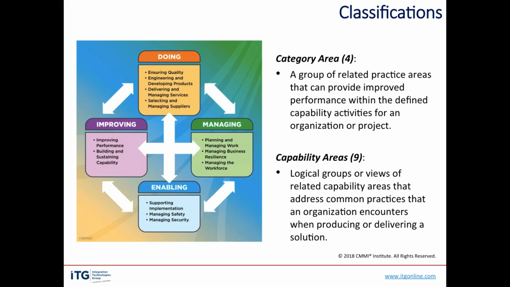So, I mentioned to you before that most of these have 3 capability areas for each category. Well, that's not exactly true right now. Okay, so right now, as we've gone through already, doing has 3, managing has 3, enabling has 1, and improving has 2.